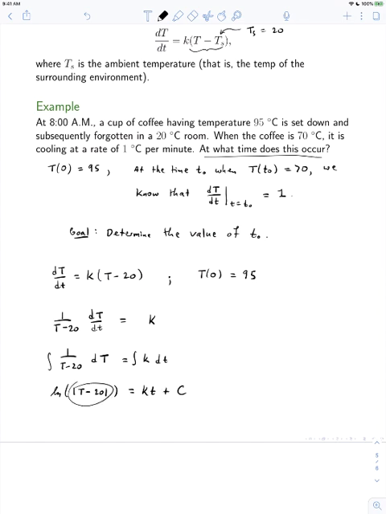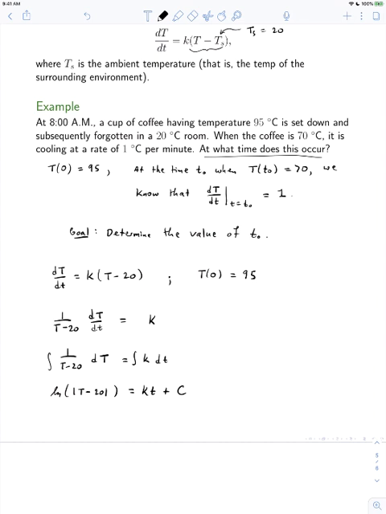Now what about that absolute value? T is the temperature of the coffee, which is warmer than the room. The coffee is cooling to the temperature of the room. That is to say, the temperature of the coffee is hotter, and it's slowly cooling down, getting closer and closer to the temperature of the room.